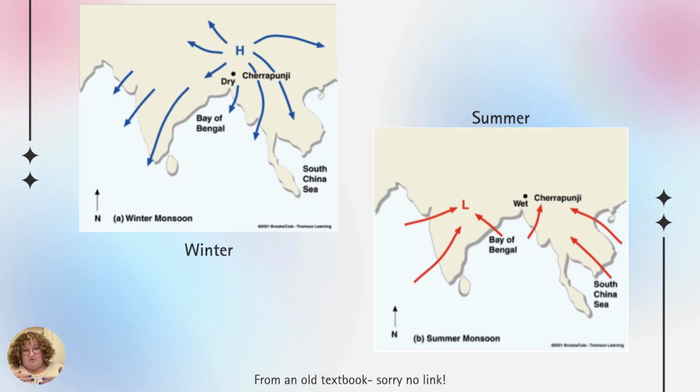So that circulation's now going down over their region, and that's drying out all of those countries. And then in the summertime, when it moves north, you're getting air rising over the ITCZ, and that creates a low pressure system there. Okay, so those are our monsoons.